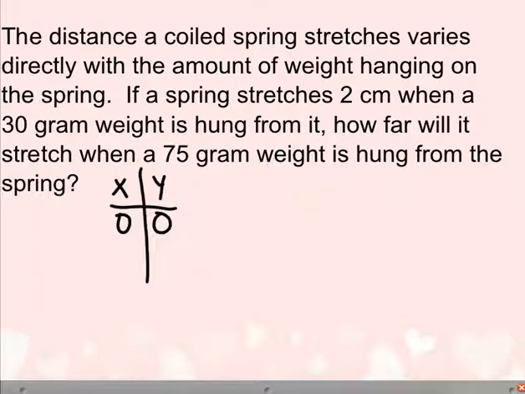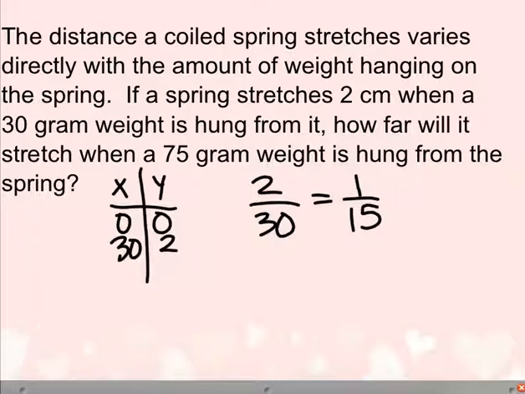So 30 grams of weight will stretch 2 centimeters. So it all depends on how much weight we have. So 2 over 30 gives us 1/15. For every 15 grams of weight, we will stretch 1 centimeter.